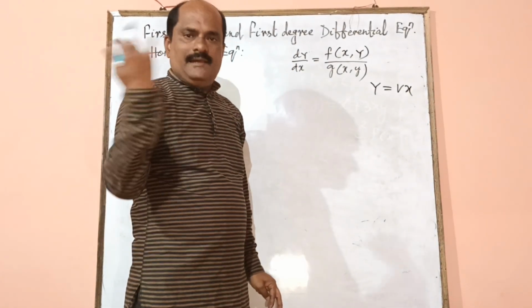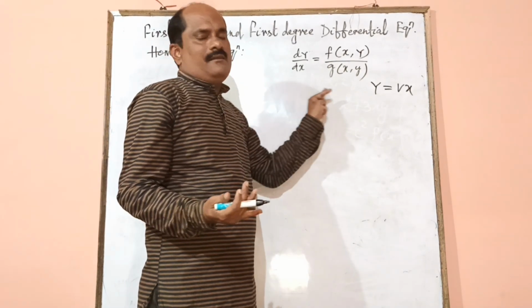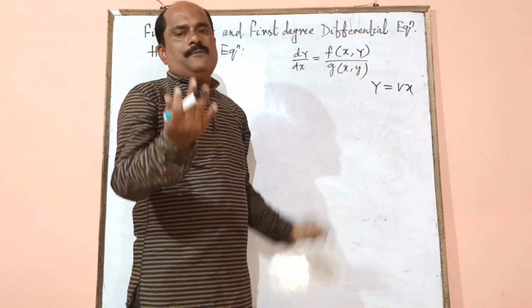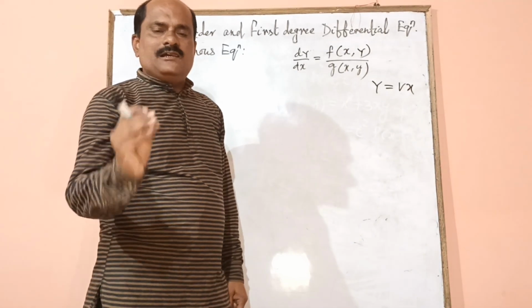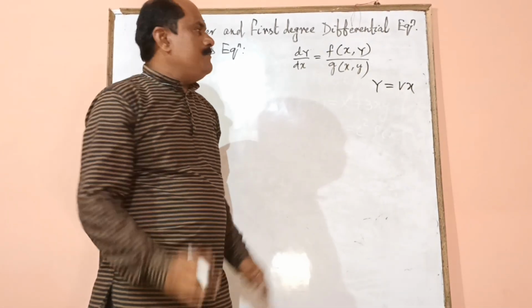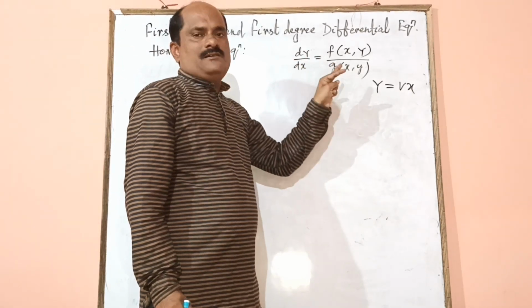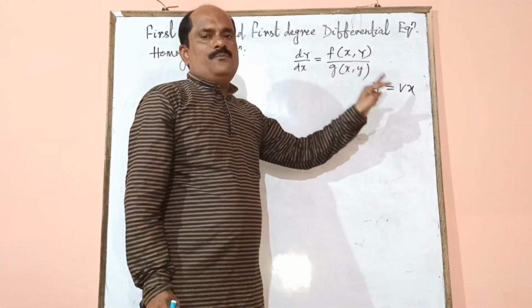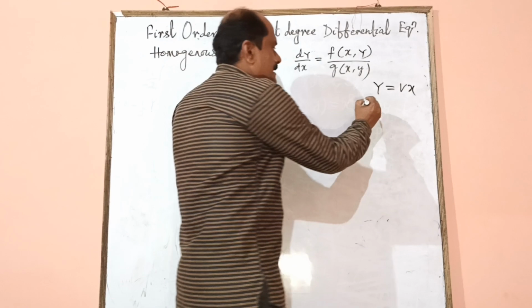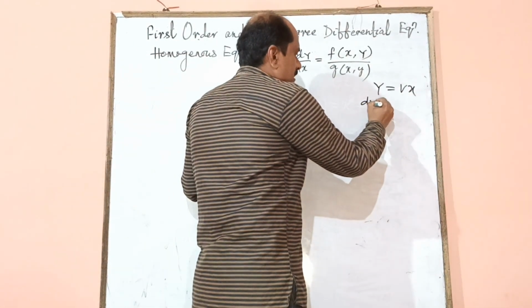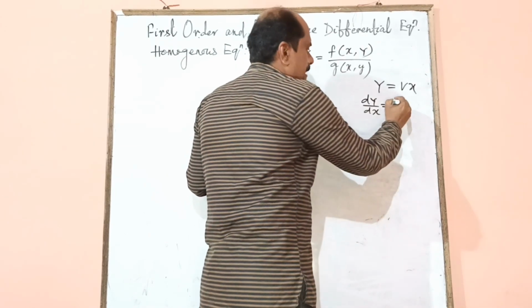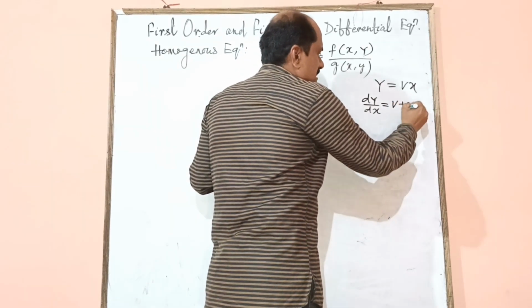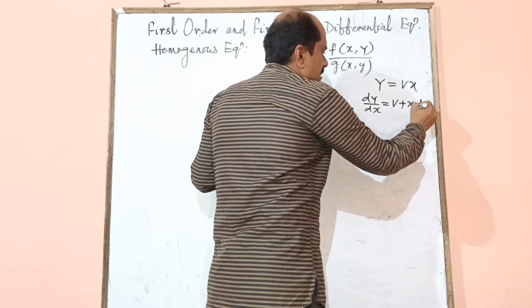We remove y, and then this equation can be solved by the variable separable method. So a homogeneous equation is very simple to solve. When the equation is homogeneous, you just put y is equal to vx. Then dy by dx is equal to v plus x dv by dx.